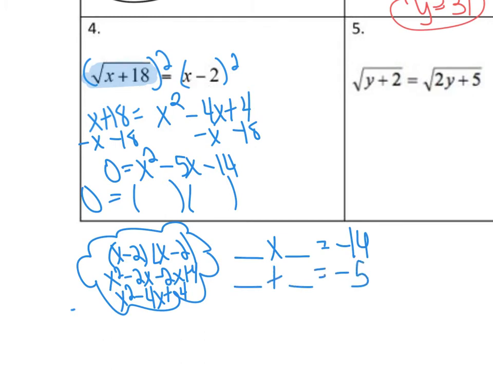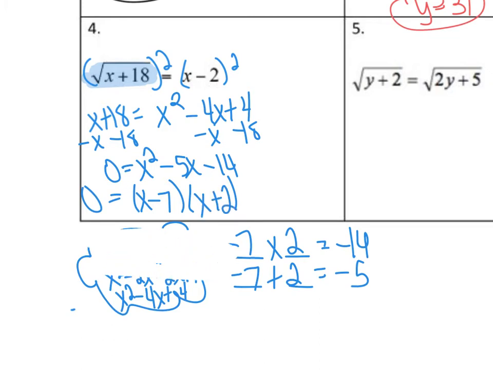Negative 7 and positive 2 will get me negative 14, and it will also get me negative 5. So I'd have x minus 7 and x plus 2, which when I set each of those equal to 0, I'm going to get that x equals 7, and I'm going to get that x equals negative 2.